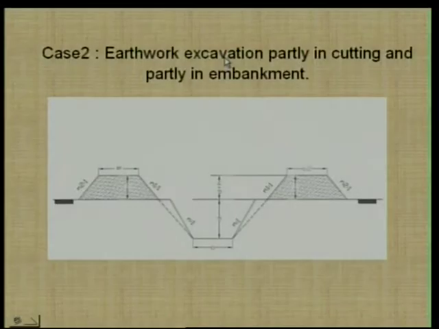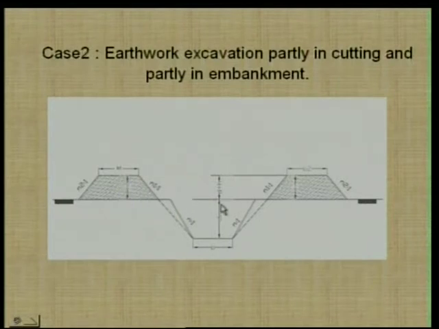Earthwork excavation partly in cutting and partly in embankment. Here this visual shows the cross section of a canal partly in excavation. This is the excavated portion, and partly in banking. These are the banks on either side of the excavation.